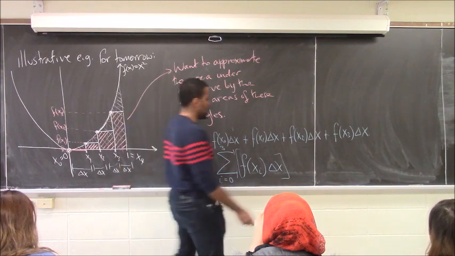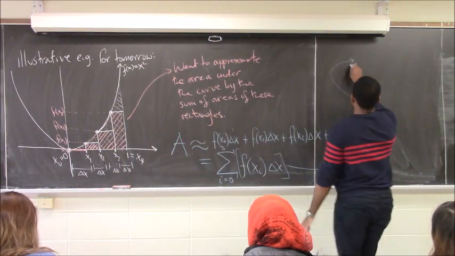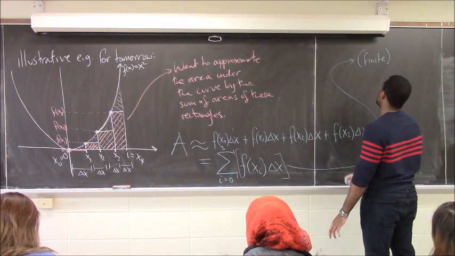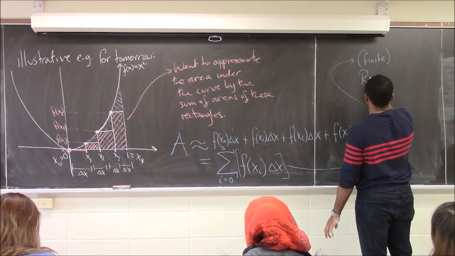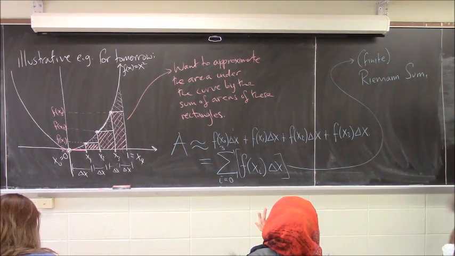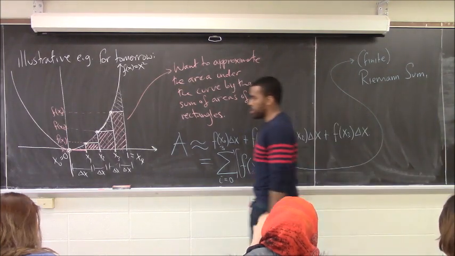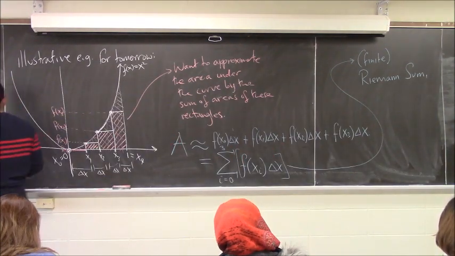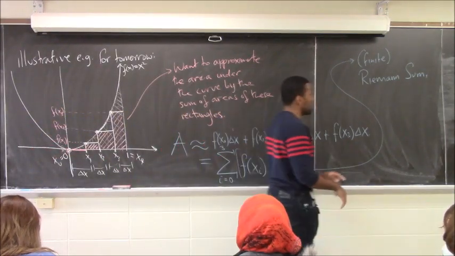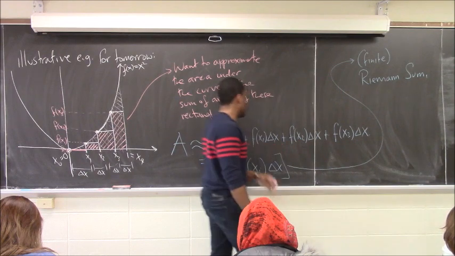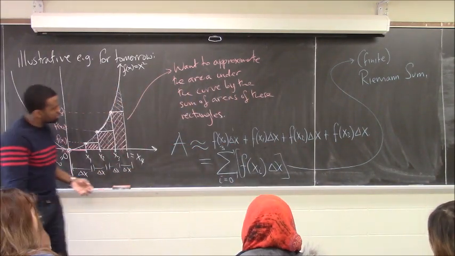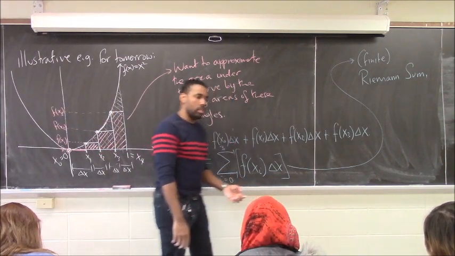Now this, by the way, has a very special name. Of course, I'm adding up a finite number of rectangles, hint, hint, and this is therefore called a finite Riemann sum. Now Riemann is the name of the mathematician that came up with this method. There are actually many methods for finding areas under curves, but Riemann, I forgot the actual date, late 1800s, early 1900s, came up with this process for integration, and he came up with it in his thesis for his PhD, of all places.